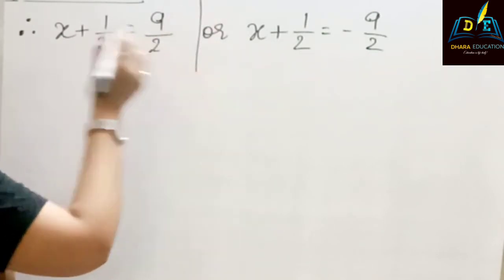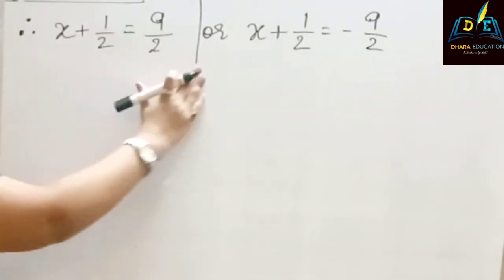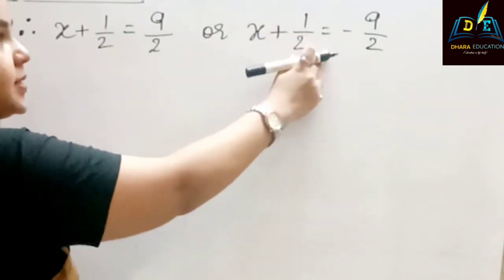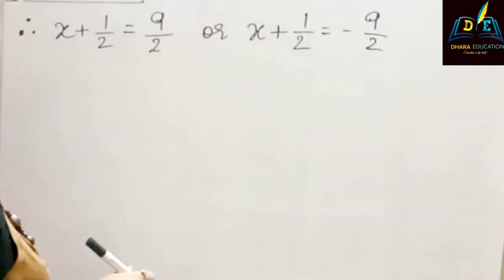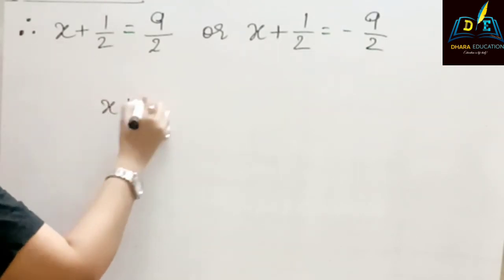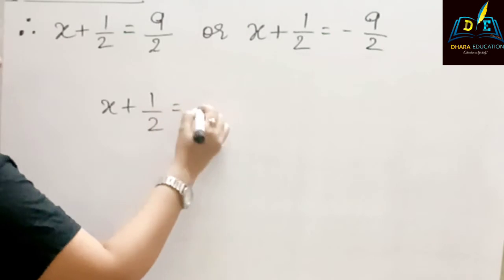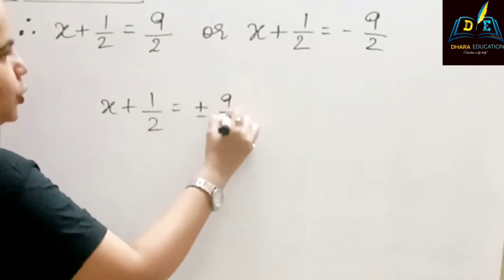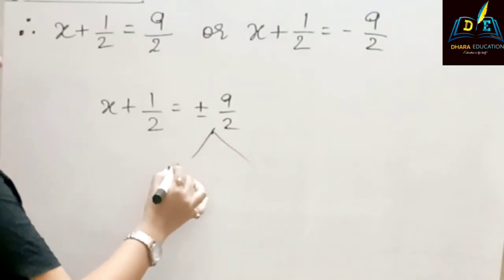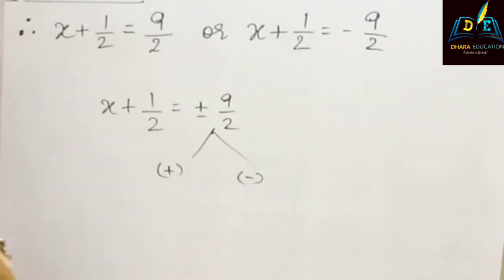This is the one thing, and this is the other one, that is x plus 1 upon 2 is equal to minus 9 upon 2. So in the previous step I have written like this, if you really remember, I have written plus minus 9 upon 2 by taking the square root, correct? So I have bifurcated this into the positive and the negative.